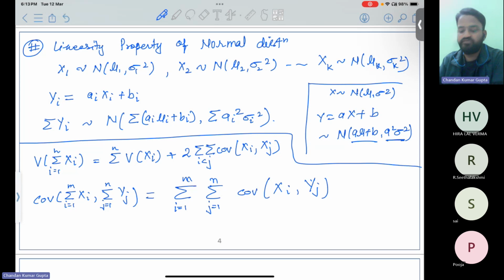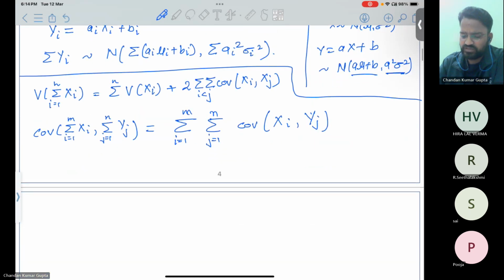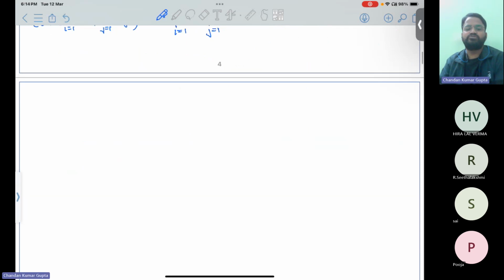So if we have the individual variances or covariances, then we can evaluate the covariance of the summation of those variables with the help of those given.